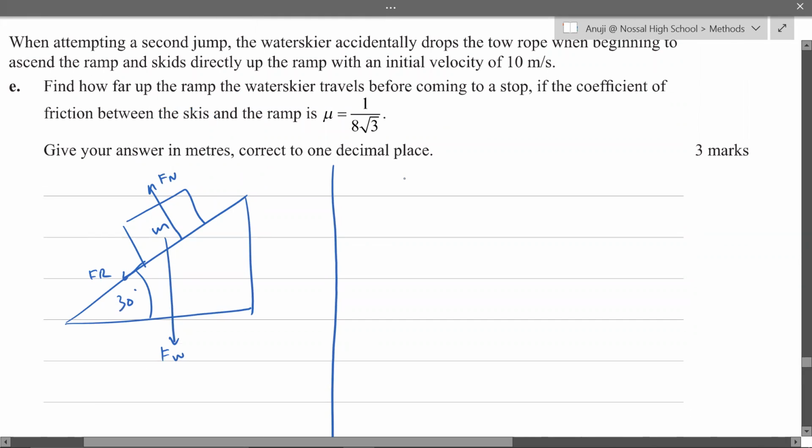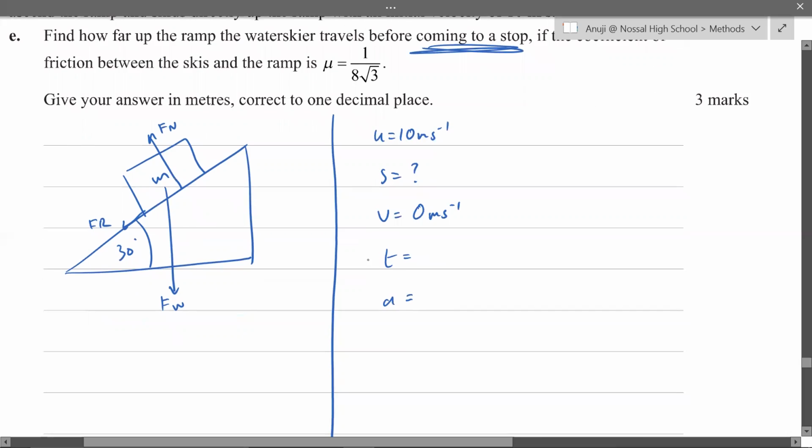But before we can do that, the only thing we know right now is that u equals 10 m/s. Don't know what s is. We know it stops, so v equals 0. And we don't know what time is. We also don't know what acceleration is.